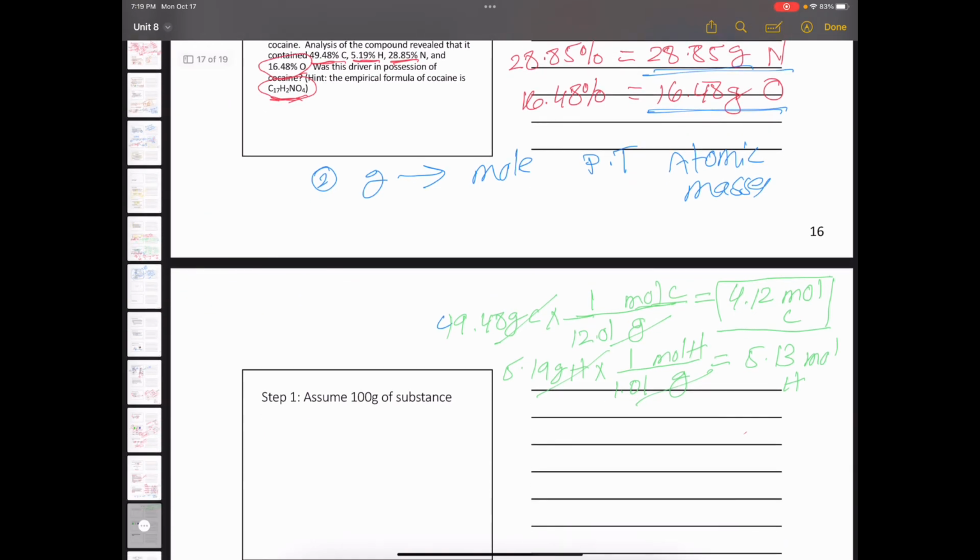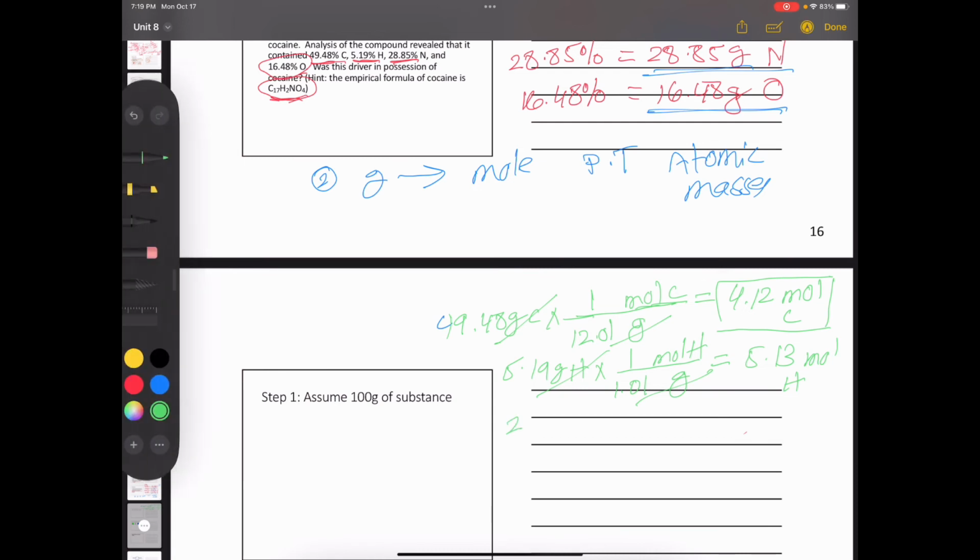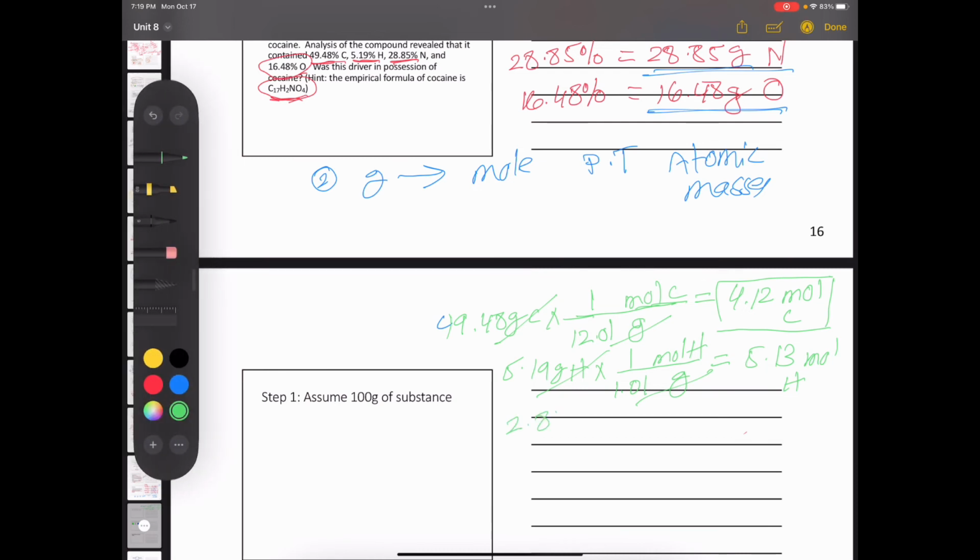Let's do the nitrogen now. For the nitrogen, I have 28.85 grams of nitrogen. Multiply that by the atomic mass for the nitrogen, which is 1 mole. Nitrogen has a mass of 14 grams in mass.